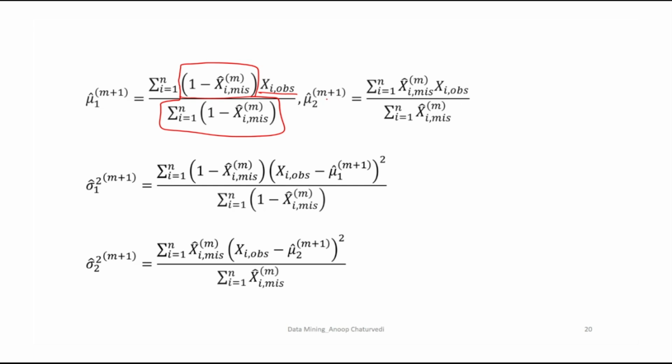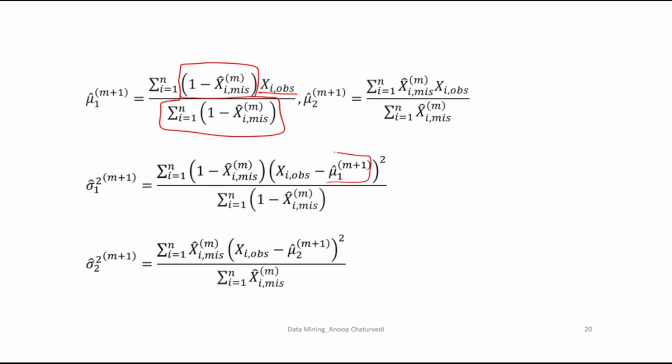Further, mu 2 hat m plus 1 is equal to summation over i of xi missing m times xi observed divided by summation over i of xi hat missing m. Then sigma hat 1 square m plus 1 is equal to summation i equal to 1 to n of 1 minus xi hat i missing m times xi observed minus mu 1 hat m plus 1, squared.